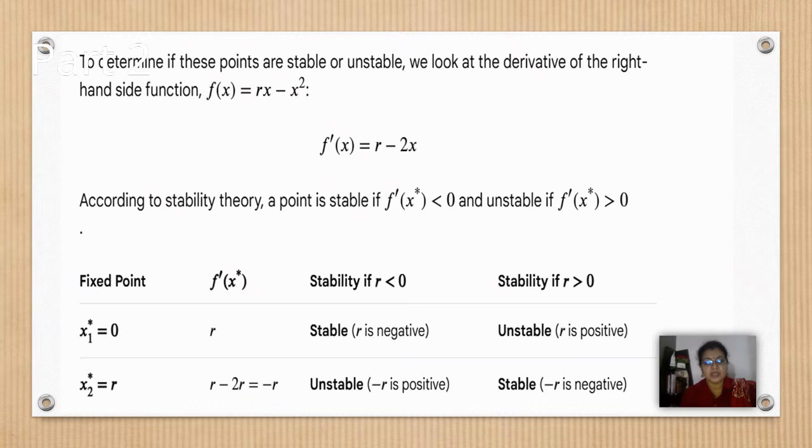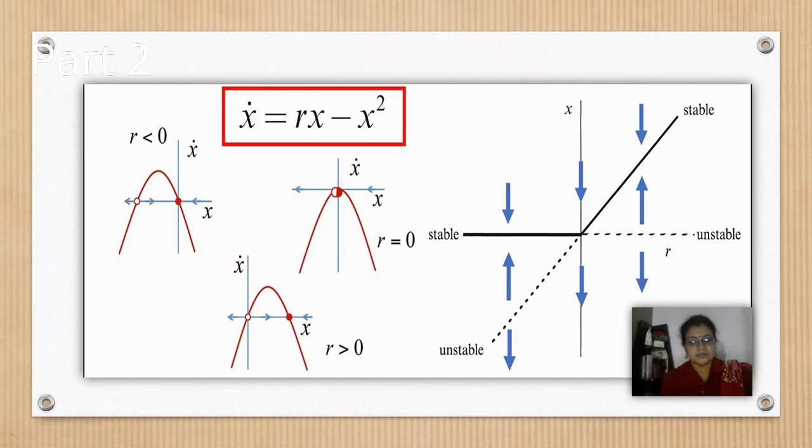So this is what is given as the transcritical bifurcation. The behavior is depicted here in the phase portrait and in the bifurcation diagram. Here, for r less than 0, we had a stable fixed point and an unstable fixed point, right?